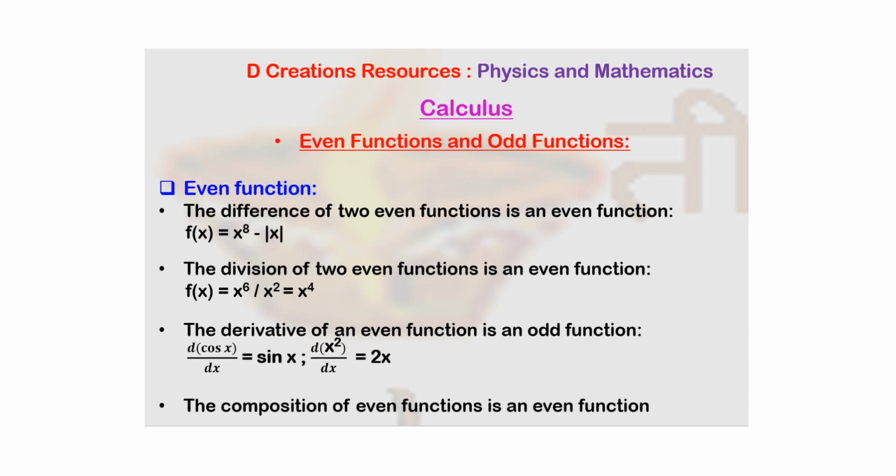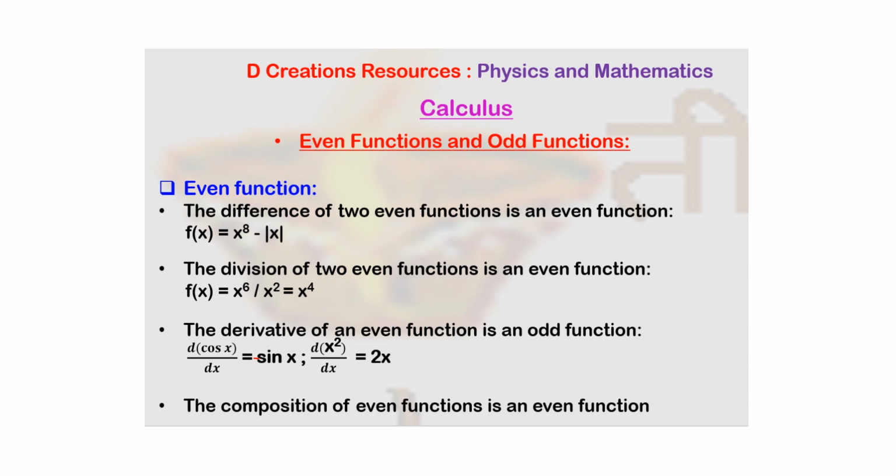Now, an important property is that the derivative of an even function is an odd function. So take a function, say cos of x, and take its derivative. Derivative of cos of x is minus sin x. So it is an odd function. Similarly, derivative of x square is 2x. So again, it is an odd function.